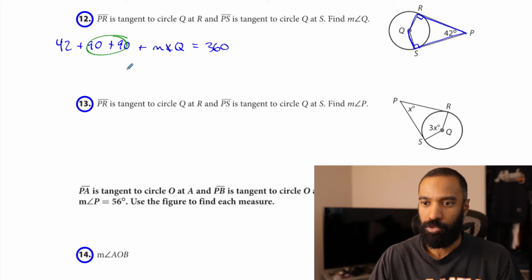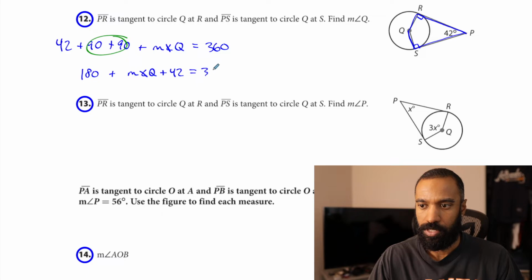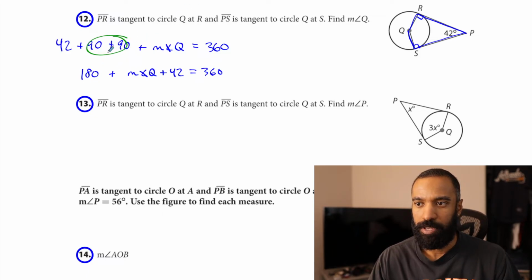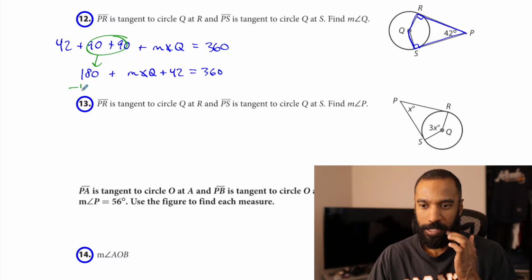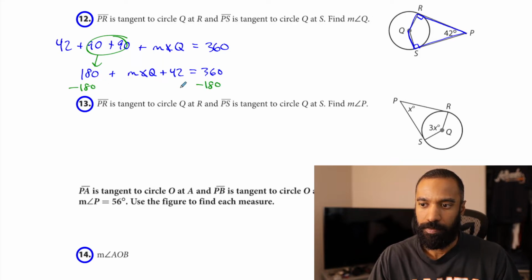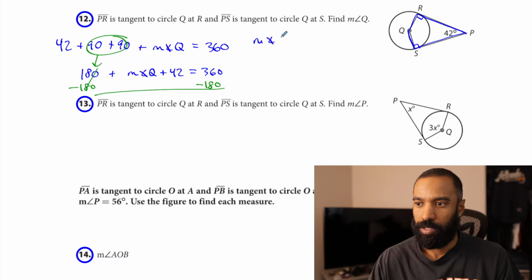Let's just combine those two for a brief moment. I'm even actually going to move the 42 over. So 180 plus measure of angle Q plus 42 equals 360. I put those two together because I want to subtract those for us here. Let's subtract 180 from both sides.